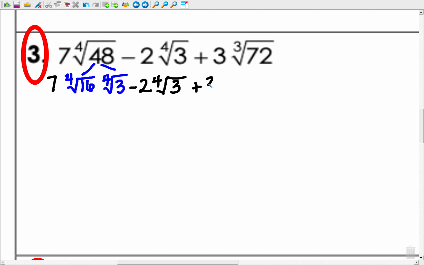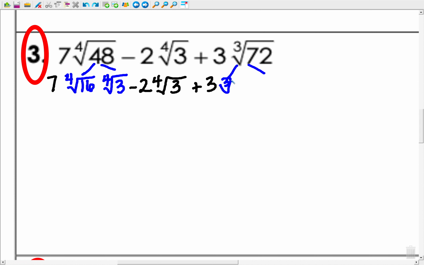Bring down your positive 3, but then this will be split because this will become the cube root of, hold on, I need to make that look like a cube root. I guess that's better. The cube root of 9 times the cube root of, oh, I put the one that wasn't perfect first. I'm sorry. Let me fix that.